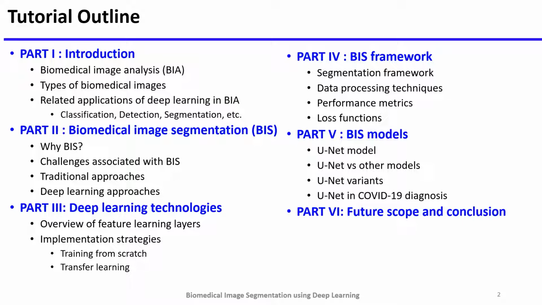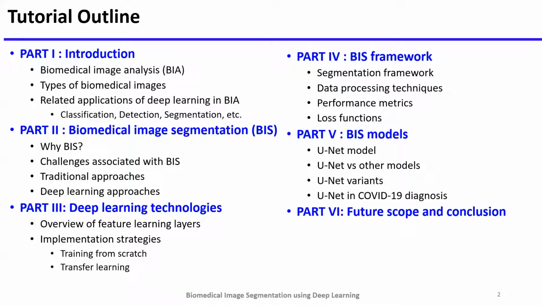In part 3 of the tutorial, we are focusing upon deep learning technologies. Here we have seen how to perform feature learning in terms of various layers. We have also discussed the biomedical image segmentation framework, along with performance metrics and the details of the loss function.